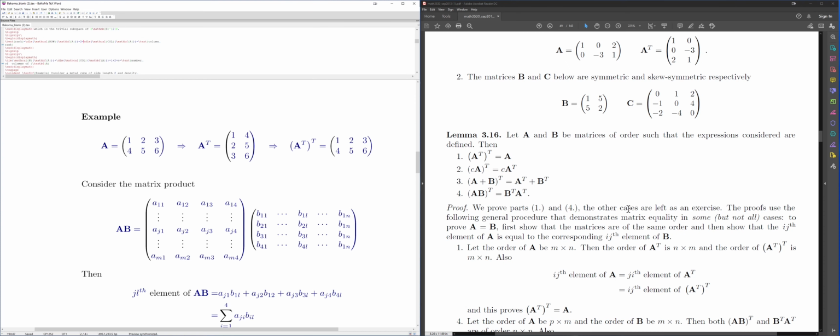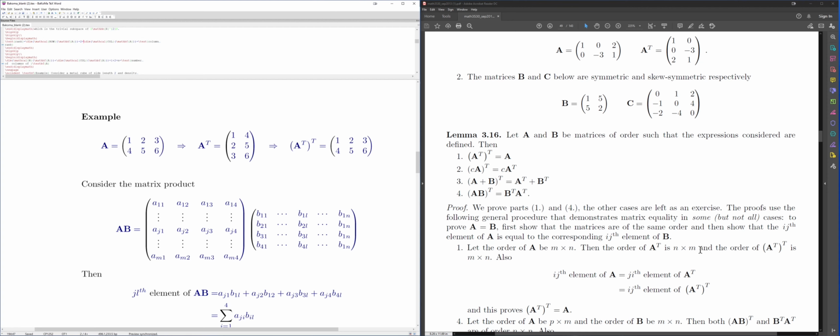Now, when you form the transpose, remember the size of the matrix is now n by m. That's the definition of transpose. Then when you take the transpose again, what's going to be the number of rows? The number of rows is going to be equal to the number of columns in A transpose.